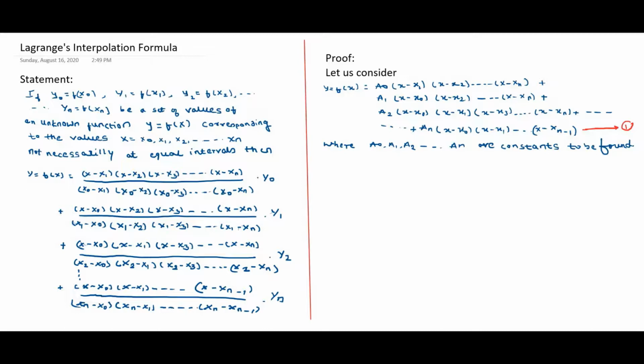So please remember, in this equation, in the first term x0 is absent, in the second term x1 is absent, in the third term x2 is absent, and similarly in the last term xn is absent.